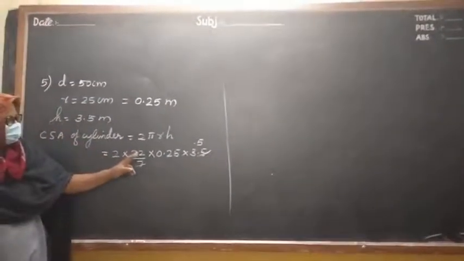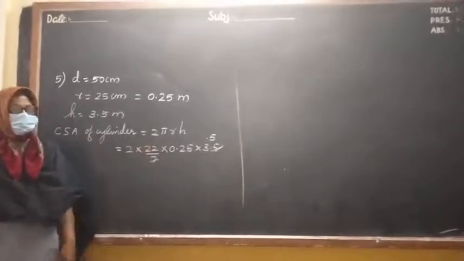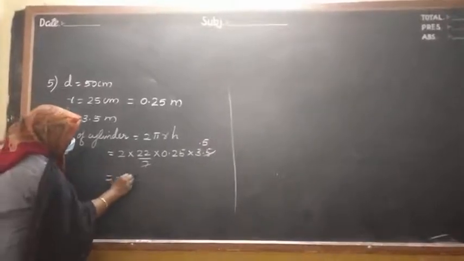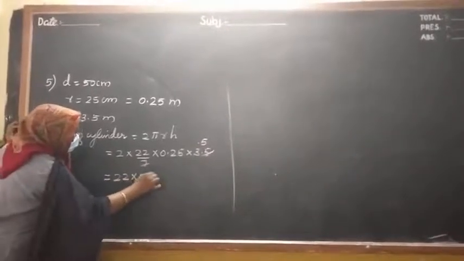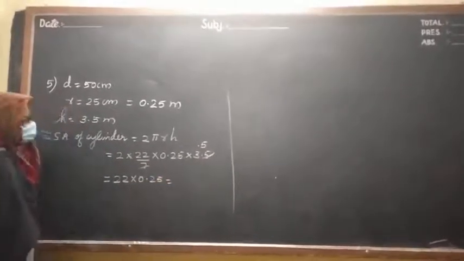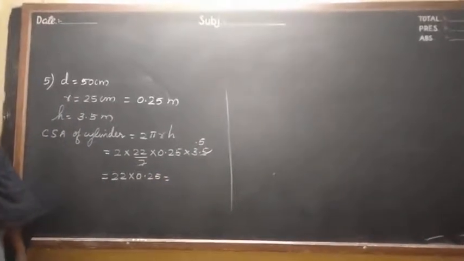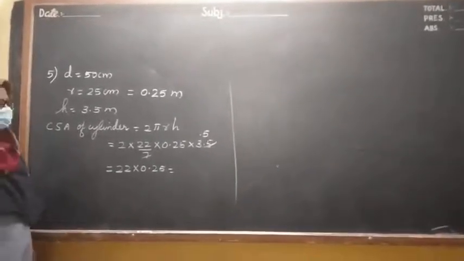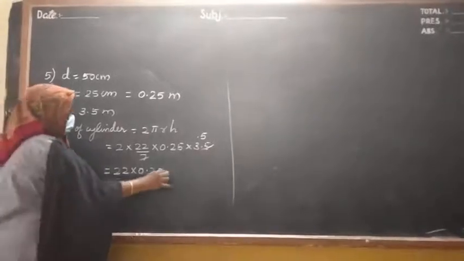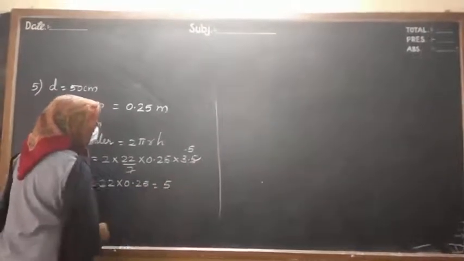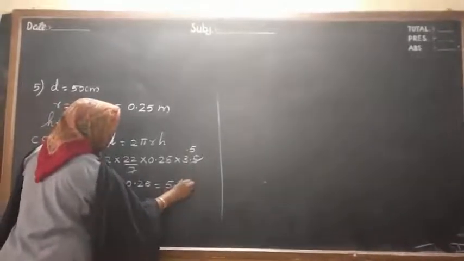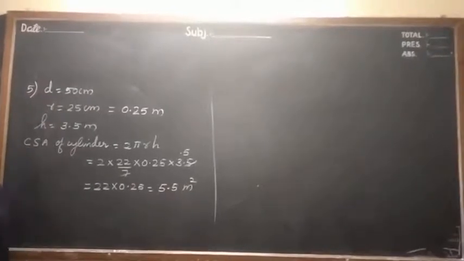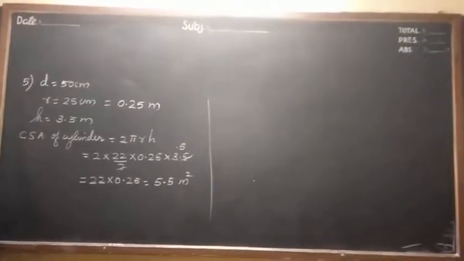Then you have to multiply by 22 into 0.25. So the answer is 5.5 meter square. Or 1/4 of 22, you have to find out, 1/4 of 22 is 5.5.